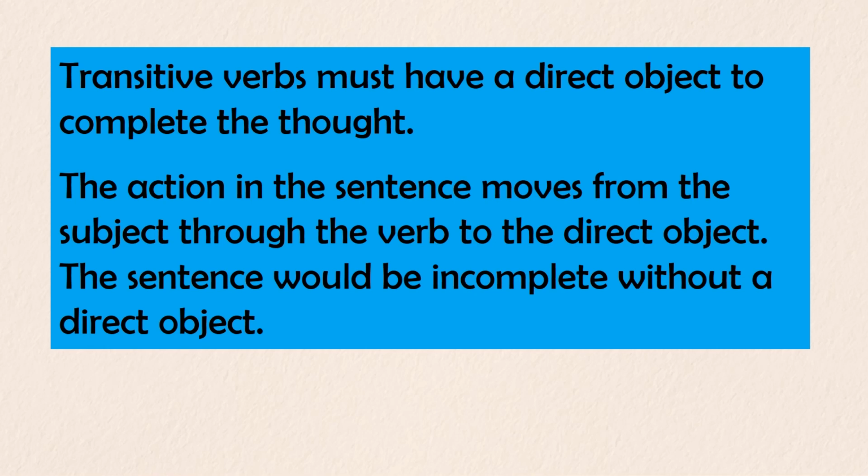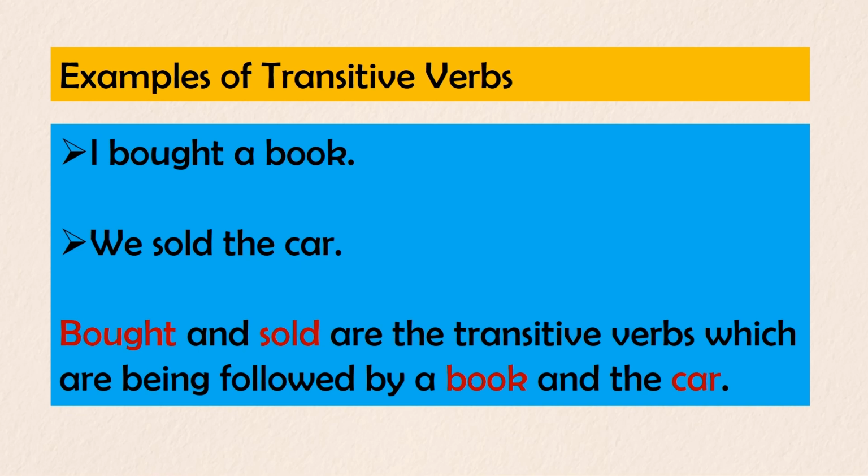A transitive verb must have a direct object to complete the thought. The action in the sentence moves from the subject through the verb to the direct object. The sentence would be incomplete without a direct object. Examples of transitive verbs: I bought a book.